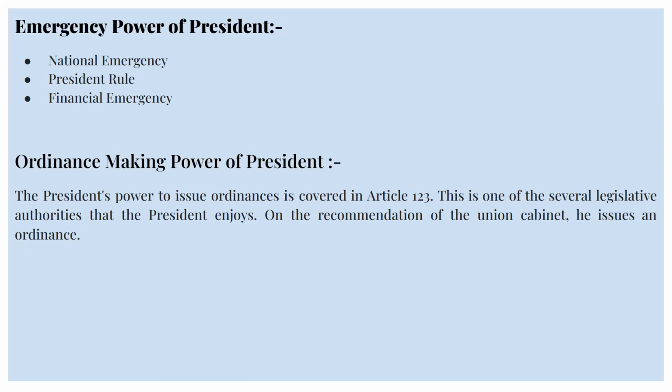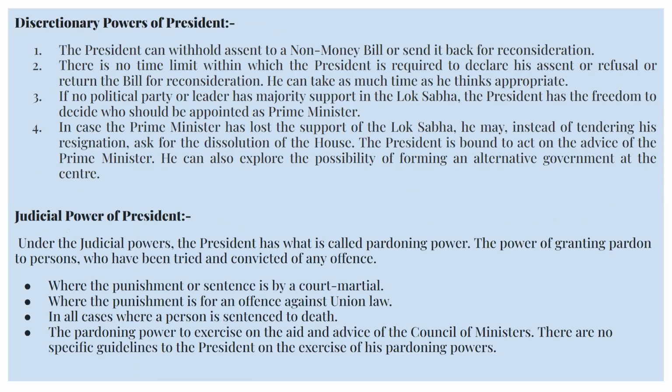So next, see, there is the ordinance making power of the president. The president has the power to issue an ordinance, and he issues the ordinance on the recommendation of the Union Cabinet of India. Next, see, there are discretionary powers of the president. You can say the president can withhold assent to a non-money bill or send it back for reconsideration.